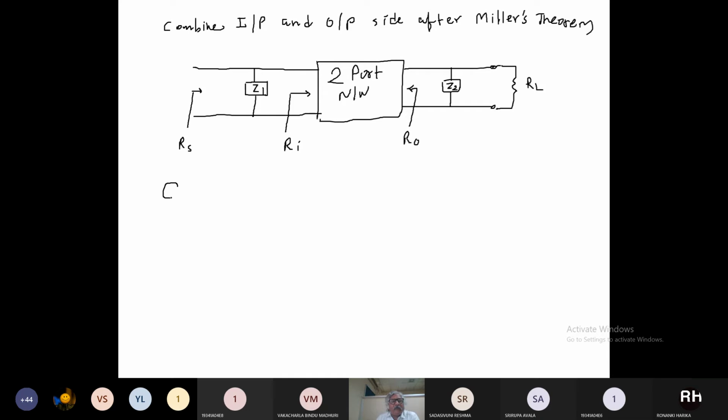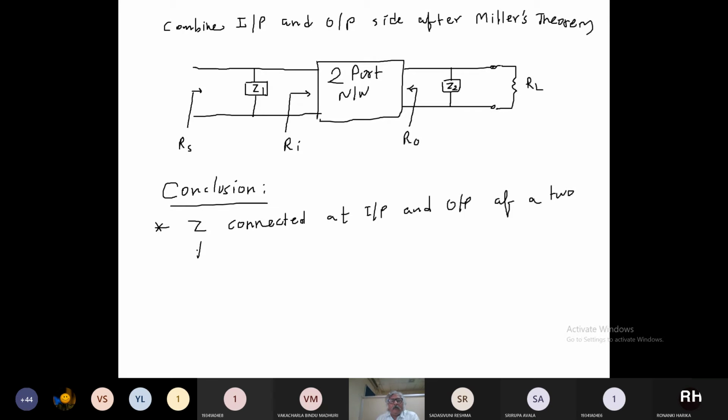So in conclusion, we can write that the Z connected at the input and output of a two-port network can be removed.